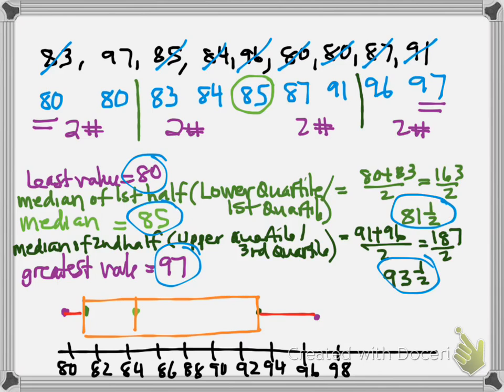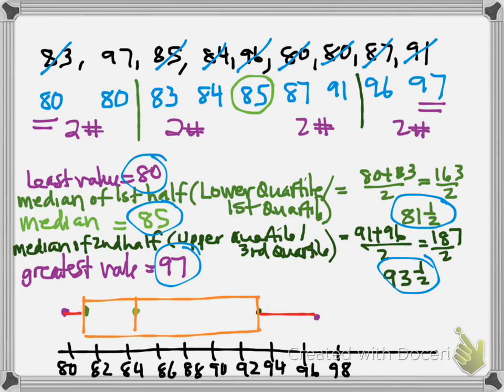The next one goes from 81.5 to 85, so it's a bigger gap. You go from 85 all the way to 93.5. That's why you have such a long third piece, the second half of the box. And then we go from 93.5 to 97. So your boxes are not all the same size, because it's all based on the range of the numbers of those 5 pieces.